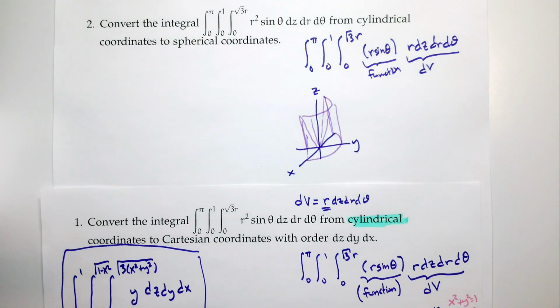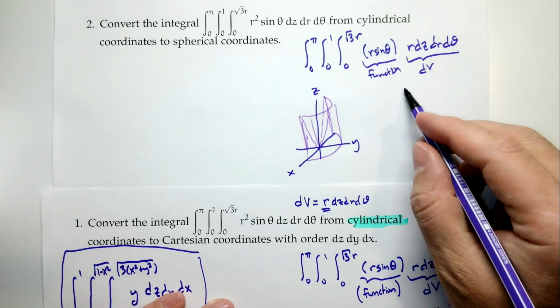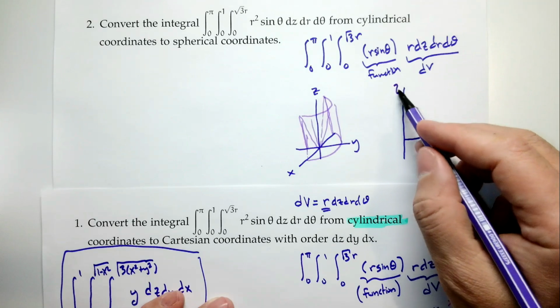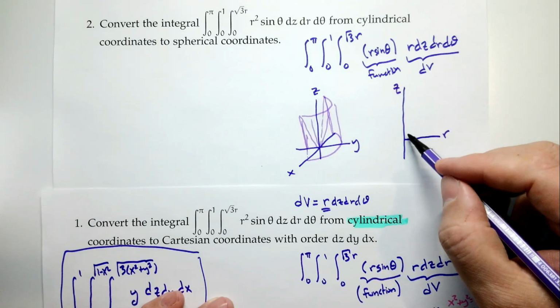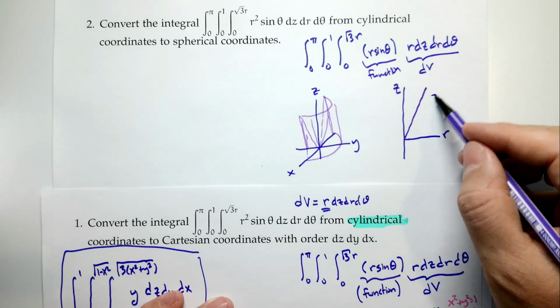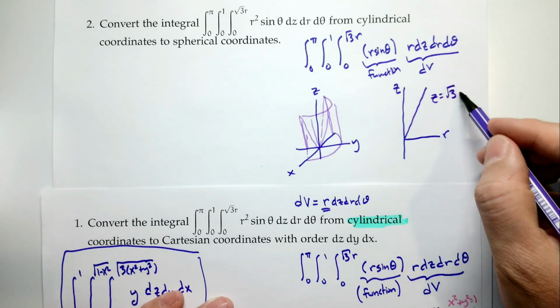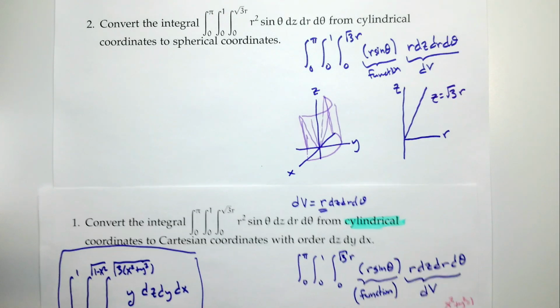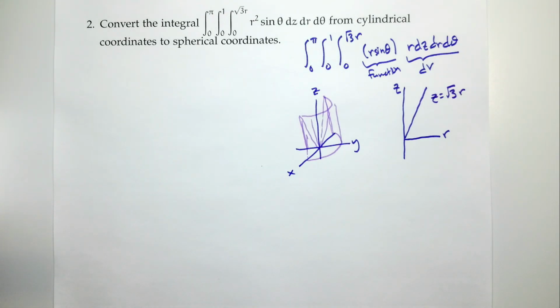I'm not going to try to rederive too much. I will say it's useful when working on these to look at a slice. So I like to think of this as r and z, and here we have z equals √3 r. We're going to use that to figure some things out. So our goal now is to get a handle on what this will become in spherical coordinates.